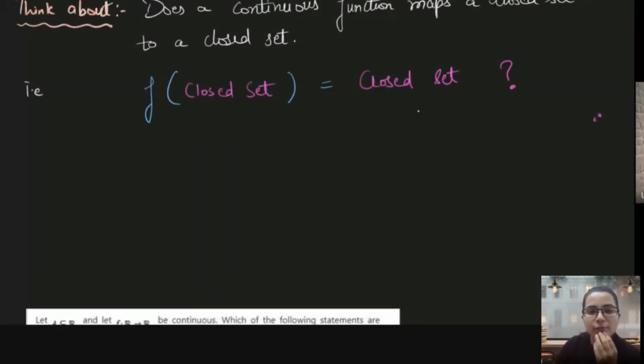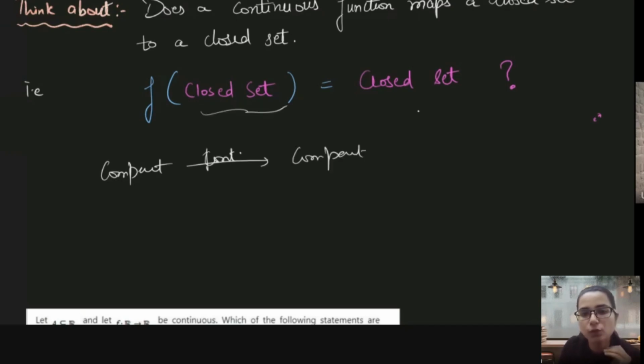Now I want you to think about this: if a continuous function maps a compact set to a compact set, does it map a closed set to a closed set? It might be or it might not be correct.